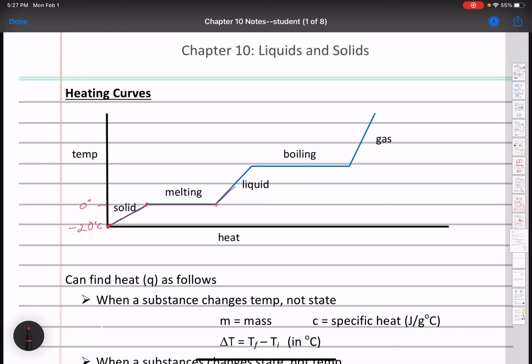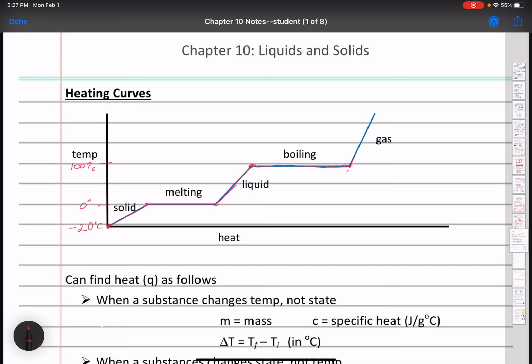The liquid can gain heat, and its temperature can rise until it reaches 100 degrees Celsius. I'm assuming we're at 1 atmosphere here, where it will start boiling. Boiling water is 100 degrees Celsius. You can't heat water on a stove to 200 degrees Celsius. It maxes out at 100 degrees Celsius. There is something called superheating that we can chat about in class if you want.